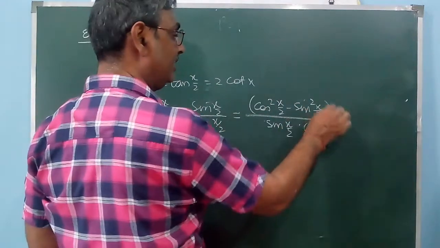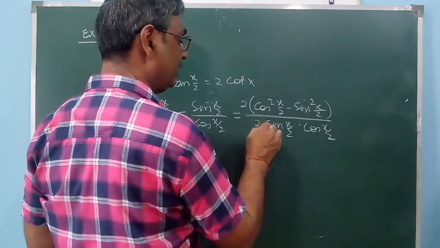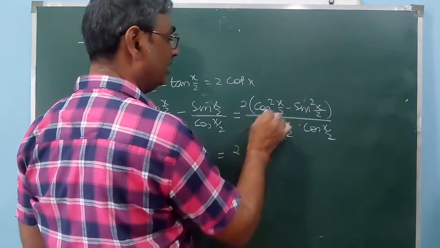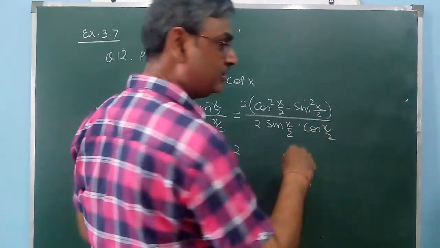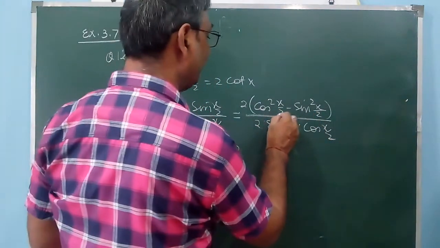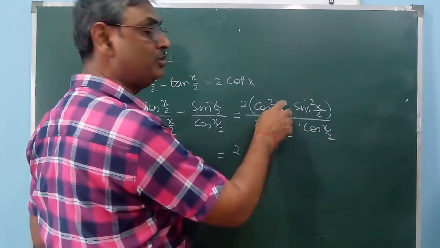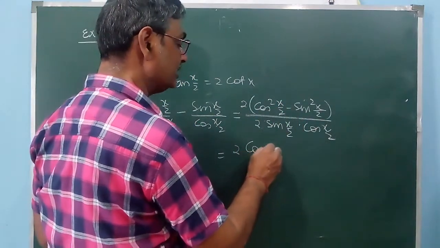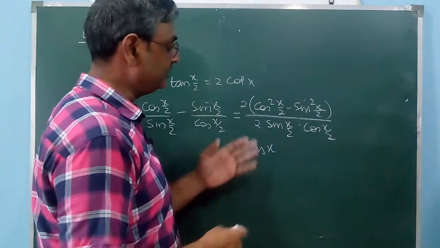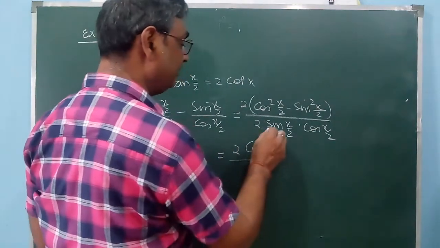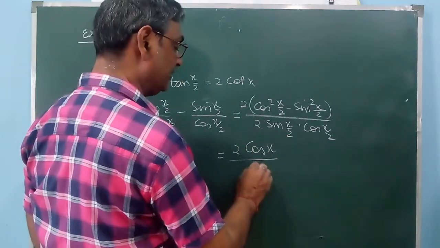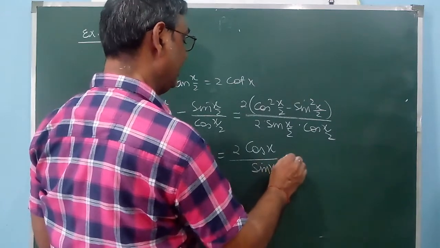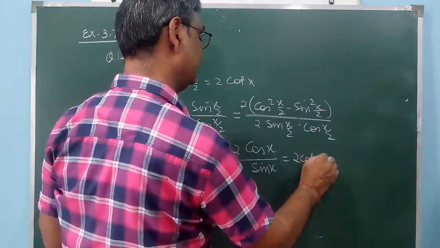To have the formula here, I can multiply by 2 here and 2 here. Because this is x by 2, we have to double this angle, so 2 into x by 2. So what will it be? In place of cos 2x, we will write cos x, and here 2 sin x by 2 cos x by 2 will be sin x, and this is 2 cot x.